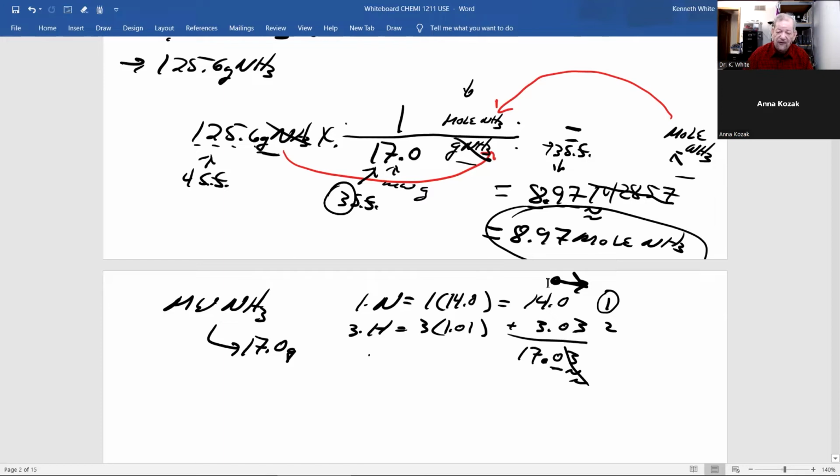Add them together. Remember, when you're adding, you get the same number of significant figures to the right of the decimal as the number you're adding that has the fewest. This has 1, this has 2, so I round this off to 1 place to the right of the decimal: 17.0. 1 mole of a compound per 17.0 grams. Do the math, round it off, and that's that.